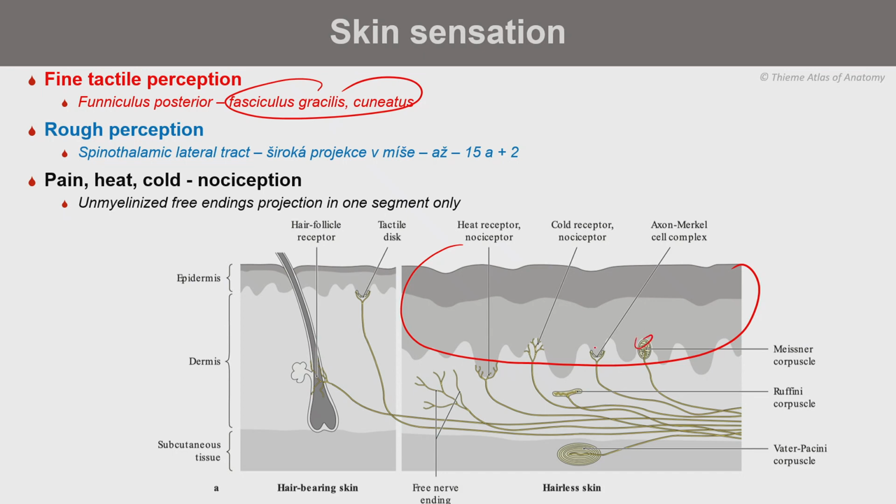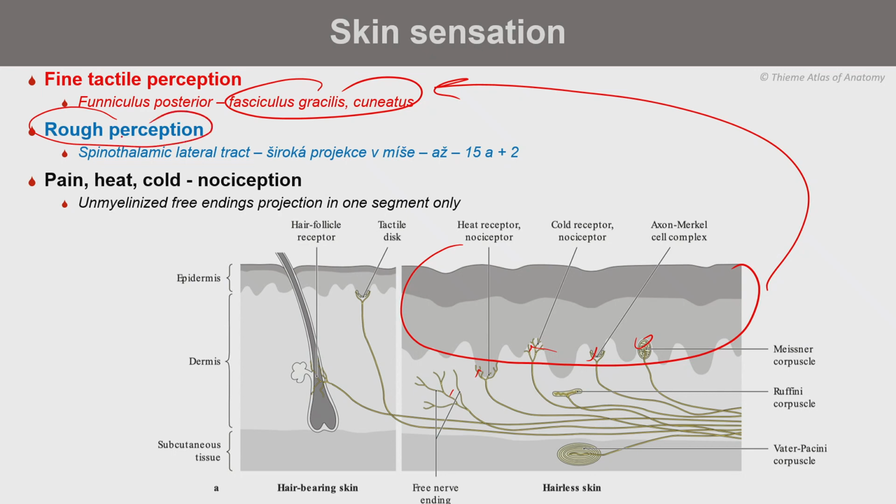And there are many fine specialized Vater-Pacini, Meissner corpuscles, and other things. And they are led to the oblongata through the funiculi posterior.